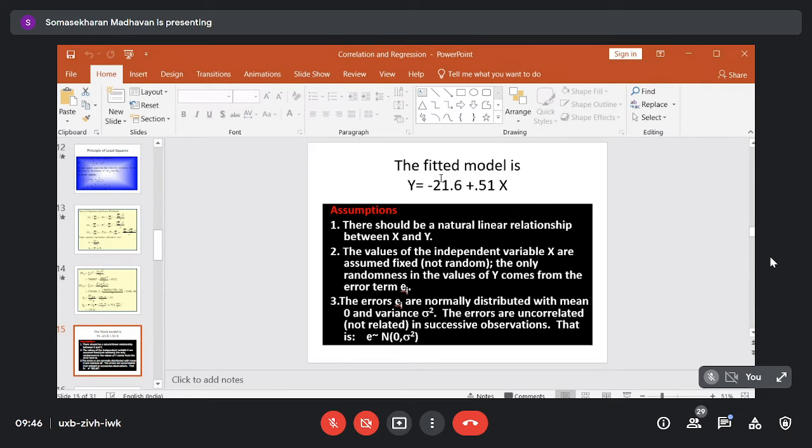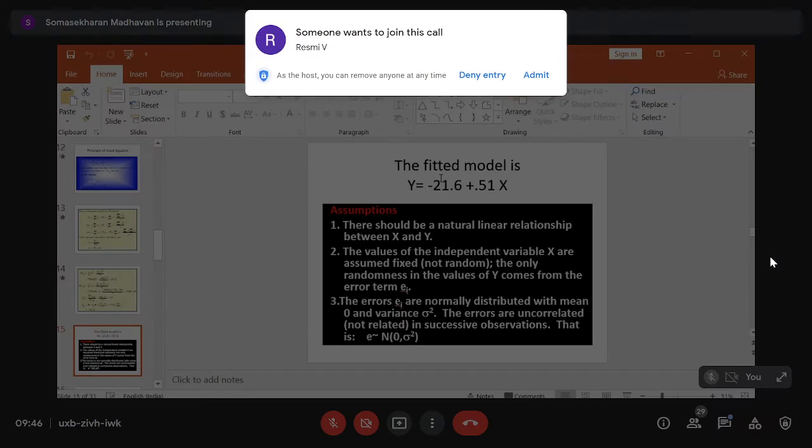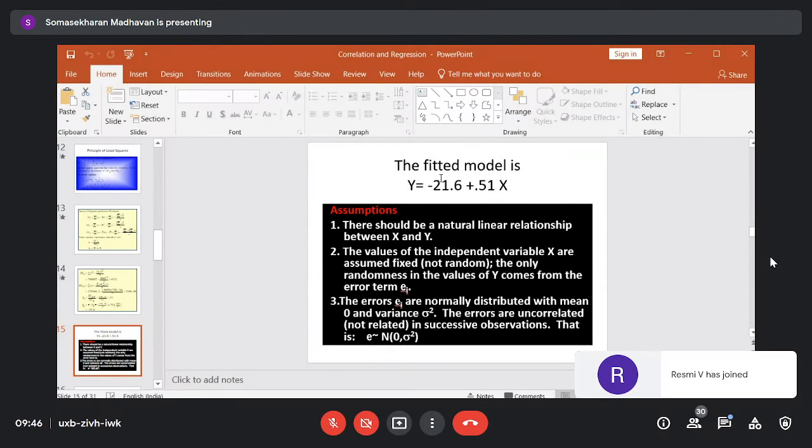The relationship is natural, because these are common mistakes made in many studies. Usually, even in published papers, people will take the data of two variables and construct a linear relationship, and they say that the variables are related because of this linear model.